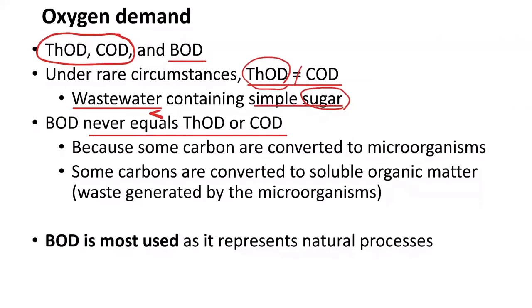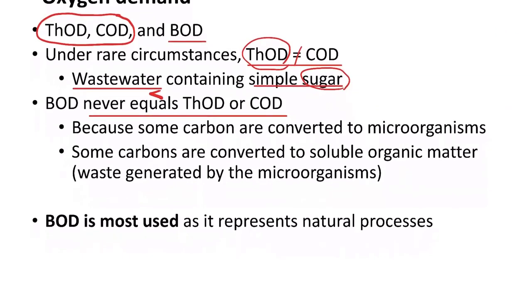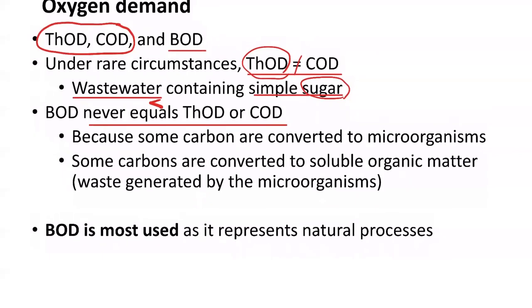The reasons are twofold, okay? If you consider the theoretical oxygen demand or the COD, it assumes that all the carbon is consumed into carbon dioxide. All right. But for the microorganisms, it's not the same thing. We can think of humans, right? We eat a lot of things every day, a lot of organic carbon, for example apple or cake. Not all of it is converted into carbon dioxide.